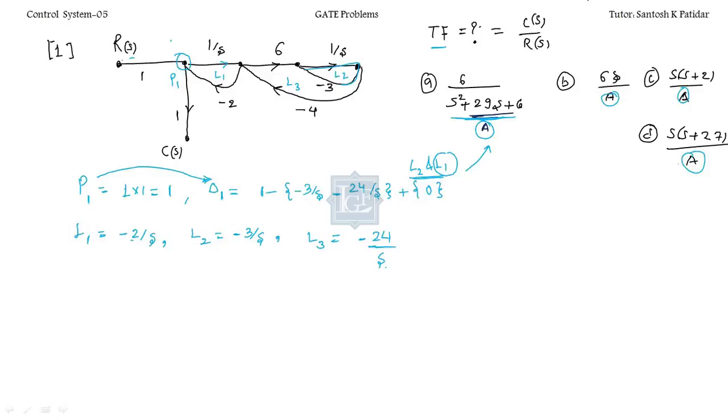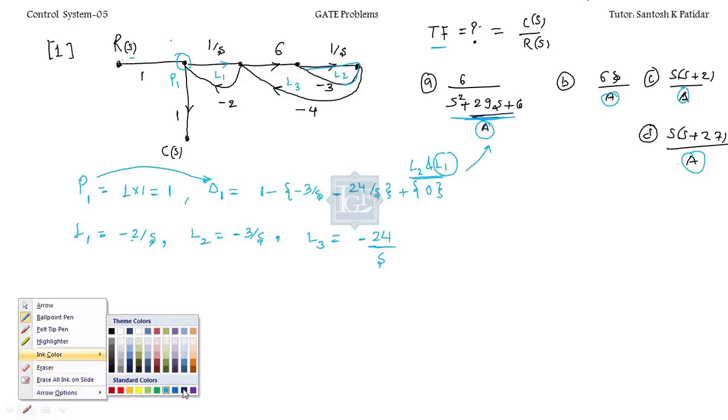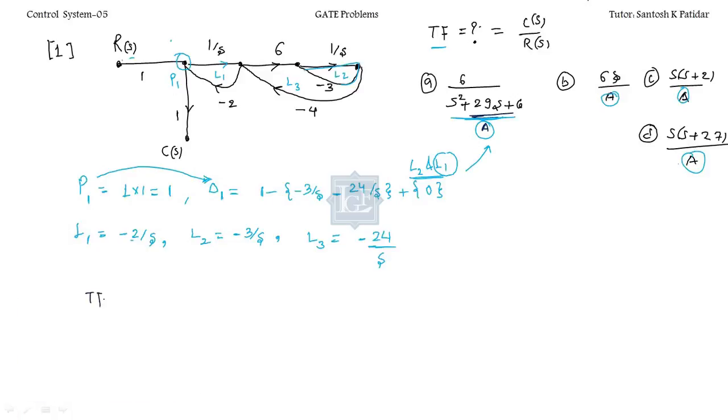You have non-touching loops also, and we will consider them while calculating the system determinant. Now they're asking to find out the transfer function. So let me change color first, then we'll start. Okay, transfer function. The forward path is 1 multiplied with 1 plus 3 by S plus 24 by S.